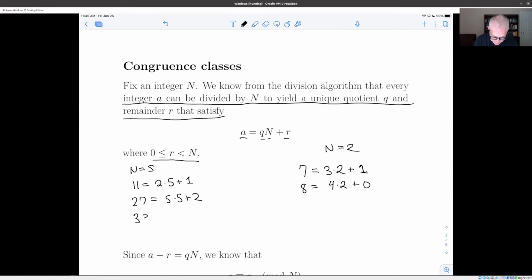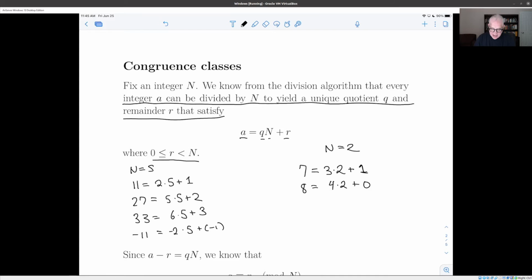So here are a few examples. And this can be a little bit annoying if the number is negative, but it's still true. So for instance, negative 11, you might guess that the quotient is 2. Negative 2 times 5, which is negative 10. But then you'd have to add negative 1.